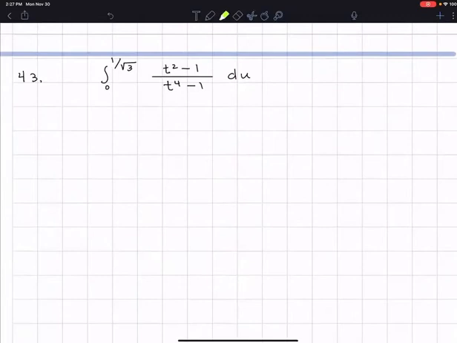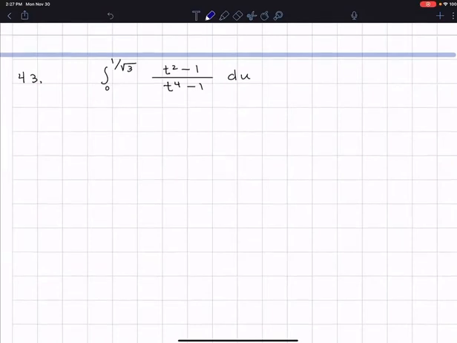Okay, so let's check out this one. Well, for one thing, we have to think about this a little bit. So first of all, let's just play around with factoring t squared minus 1 to t minus 1 and t plus 1. And then factoring t to the fourth minus 1. Well, t to the fourth minus 1 is t squared squared minus 1 squared.